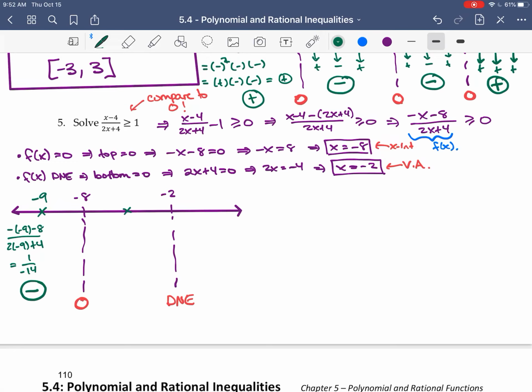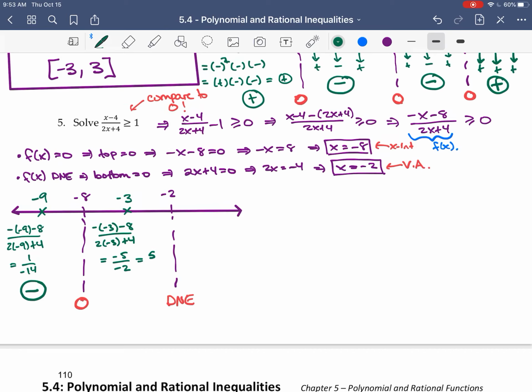Something between -8 and -2, I don't know, -3 might be okay. You can pick anything you want. So that's -3 minus 8 over 2 times -3 plus 4. So that's 3 minus 8 is -5, and then I have -6 plus 4 is -2.